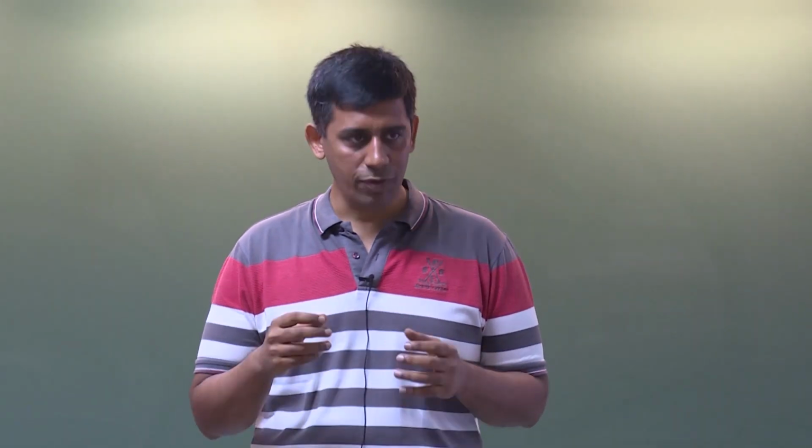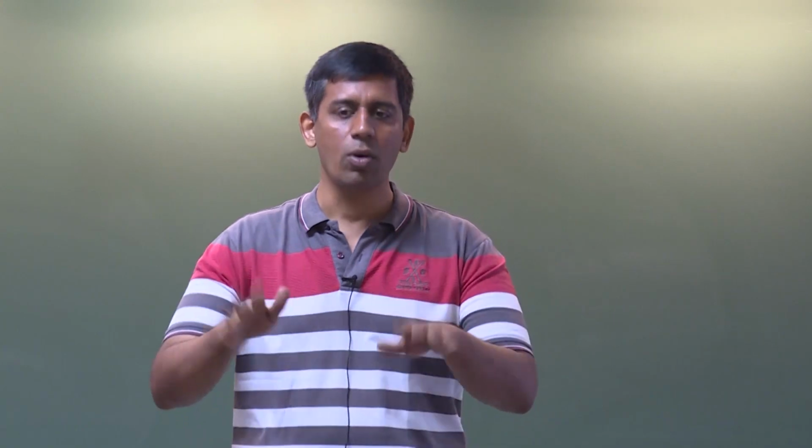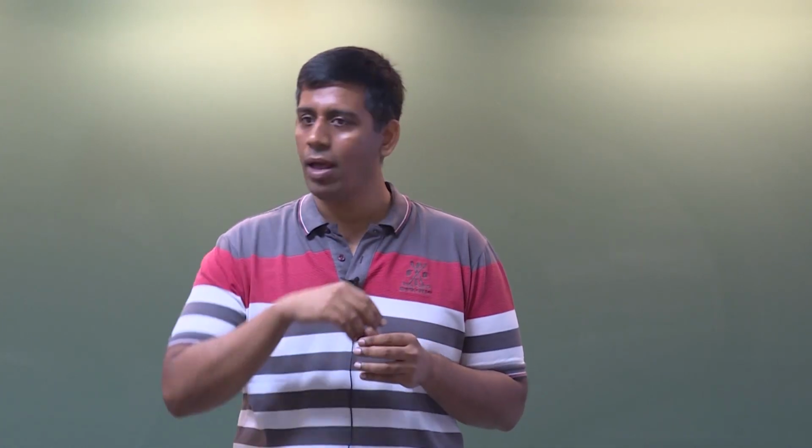Now, can we further talk about these critical points as being stable or unstable? As in, I am at this point and I'm not moving anywhere, but if somebody displaces me a little bit, will I come back to that same point and be stable, or will I roll away? So how about the former? What are those points which are unstable? If somebody pushes me a little bit, I just roll away.